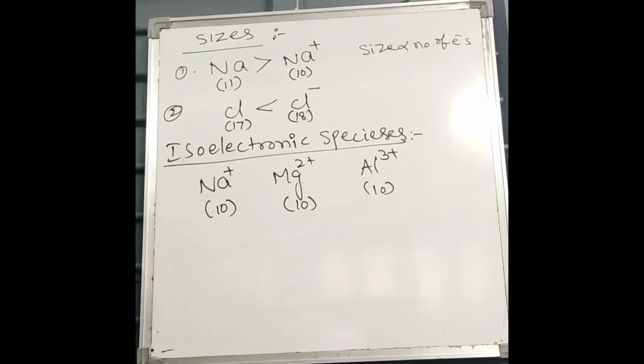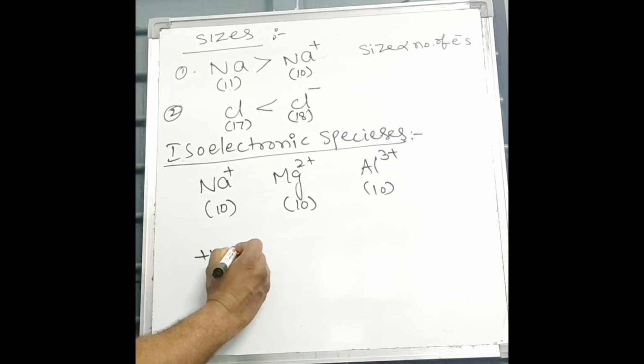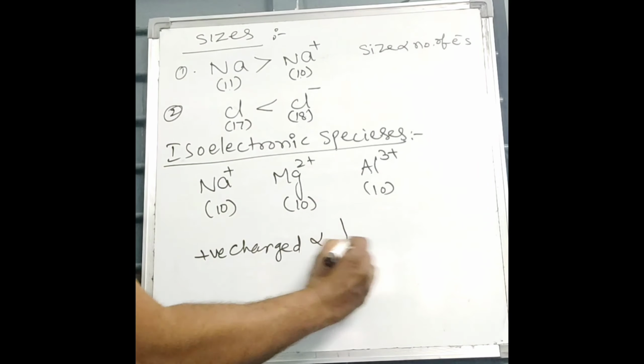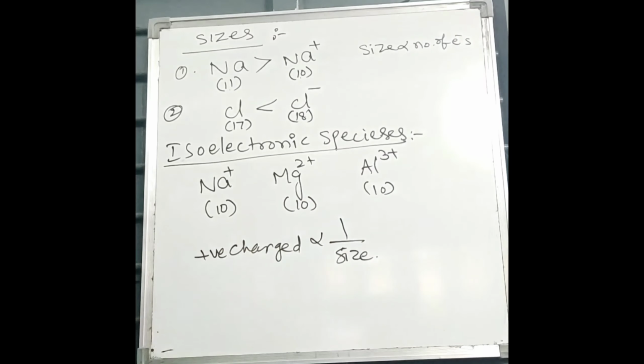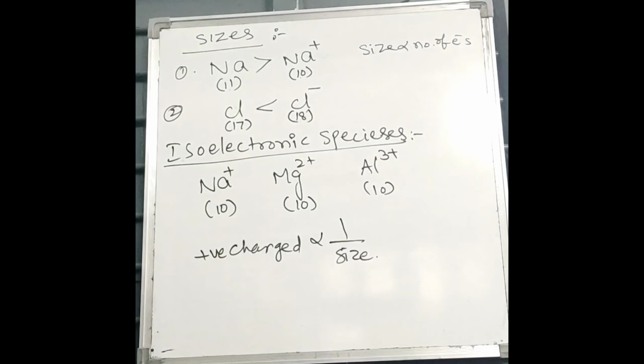For positively charged species, size is inversely related to charge. If charge is less, size is more.